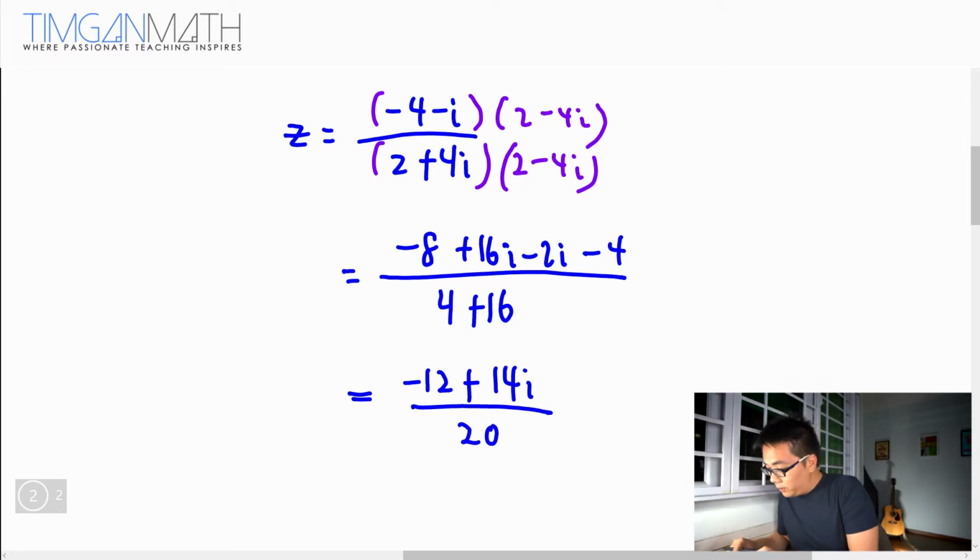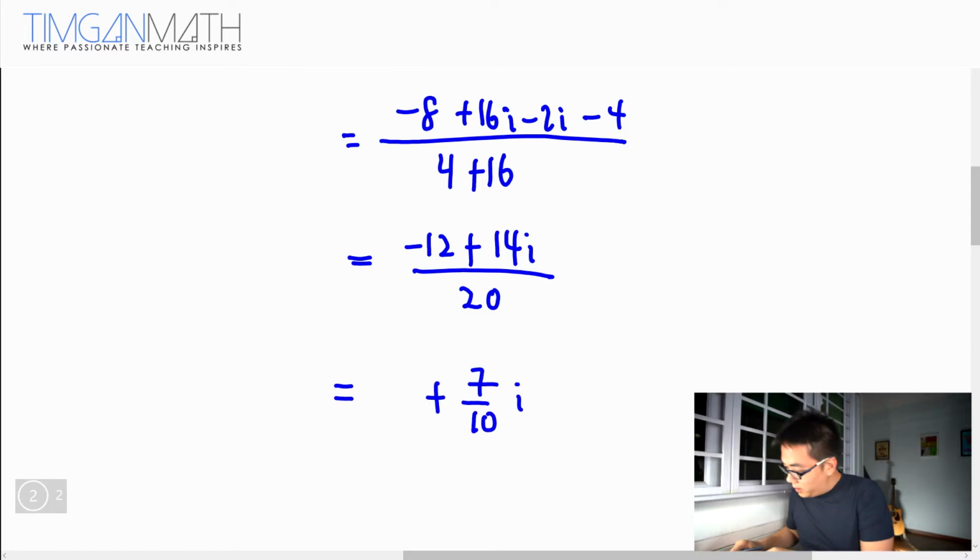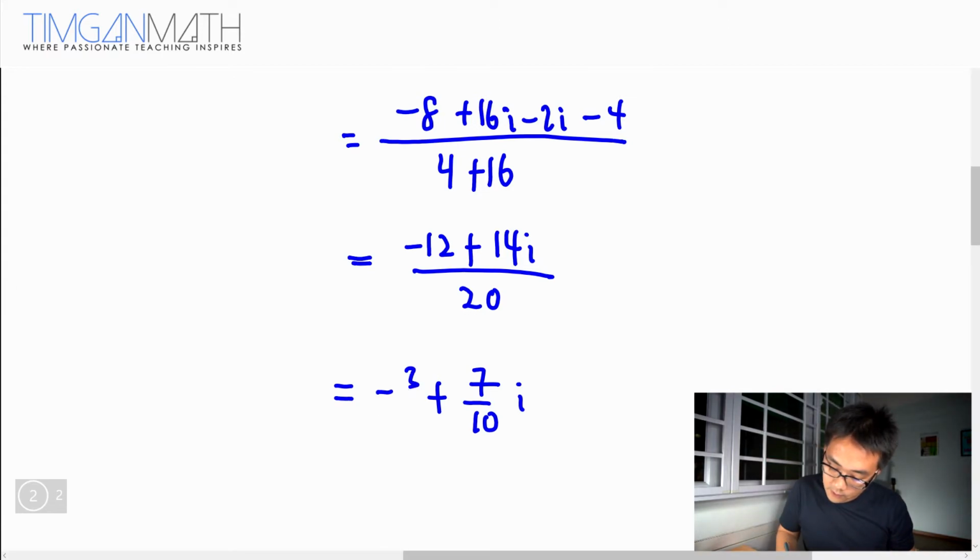So 14 over 20 would be 7 over 10, and -12 over 20 will be -3 over 5.